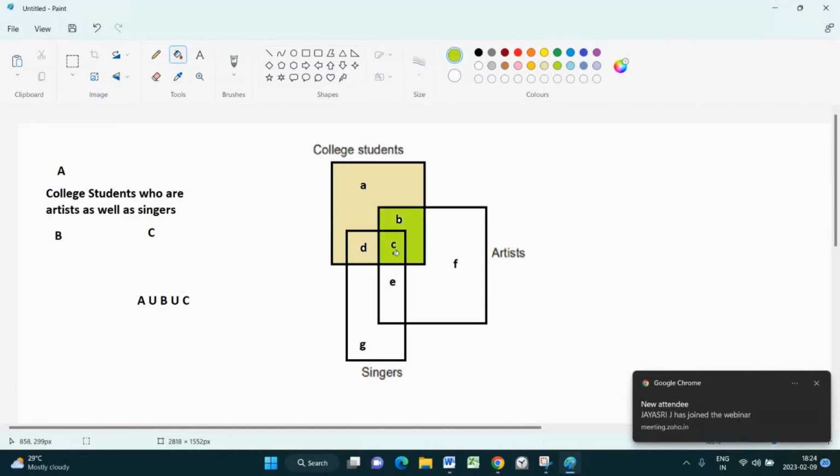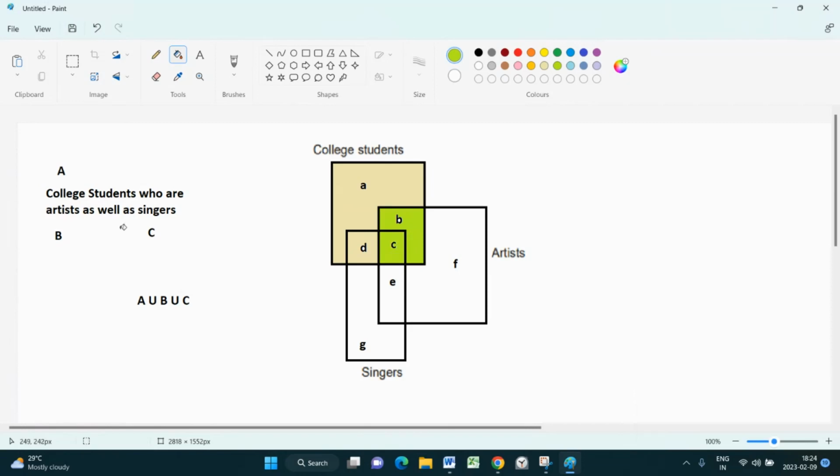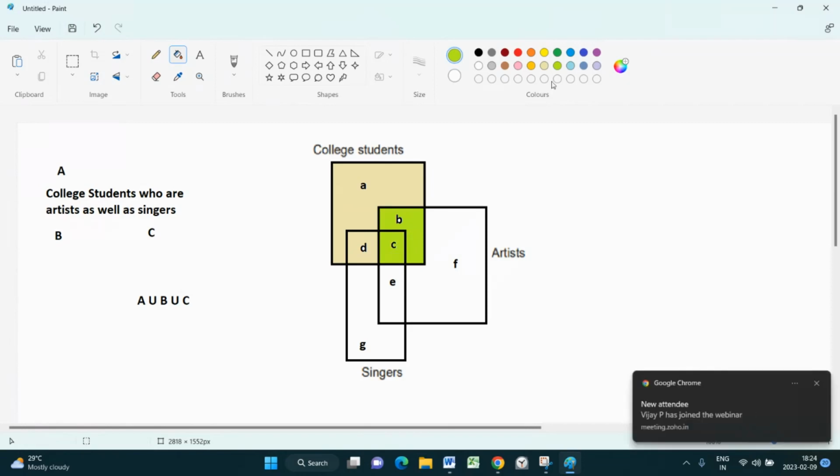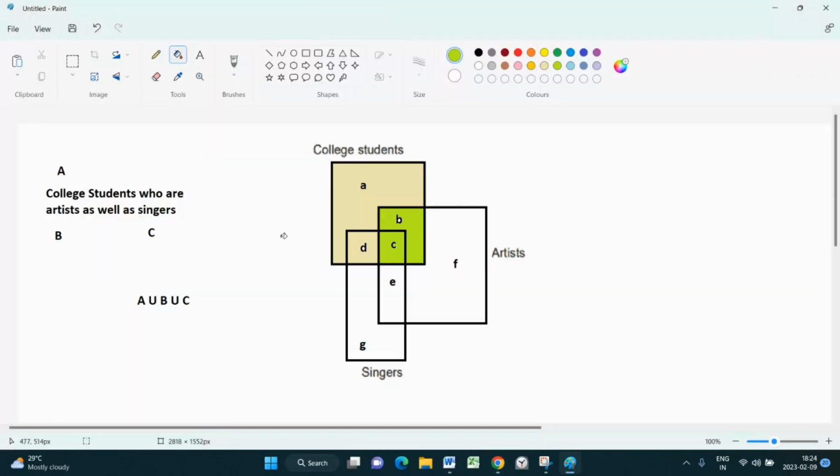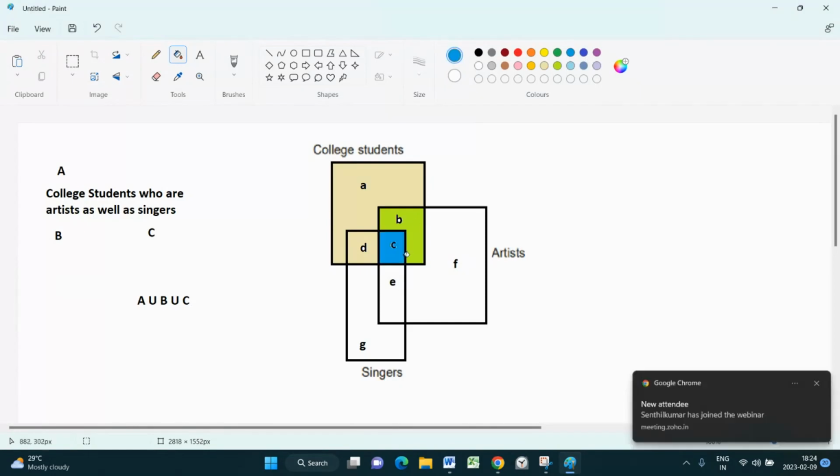These are artists as well as singers. They should also be singers. So, which one is right? Very good. C is right. Excellent. The answer is C.